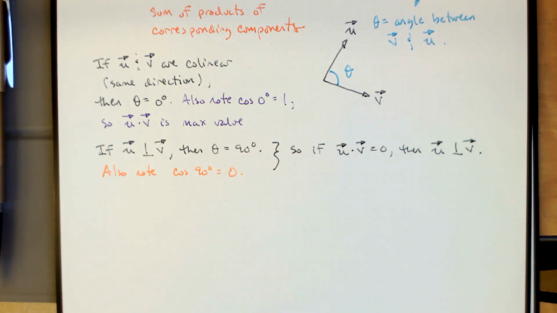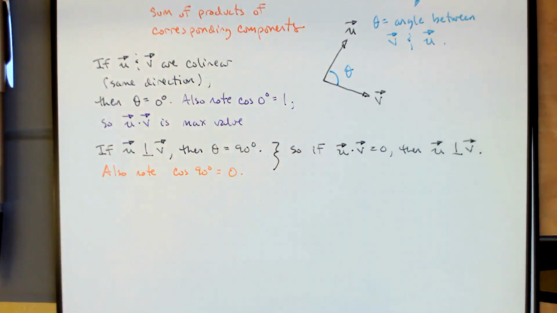Also note that after 90 degrees, cosine is going to come back negative, all the way down to -1. When we get the angle between u and v to be 180 degrees, the cosine of 180 degrees is -1.